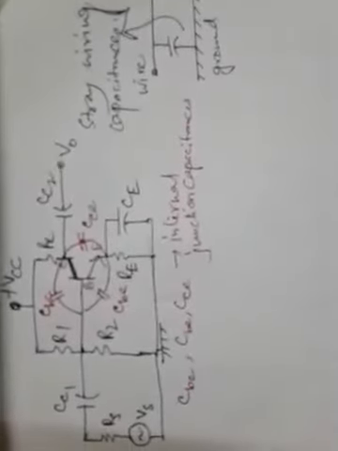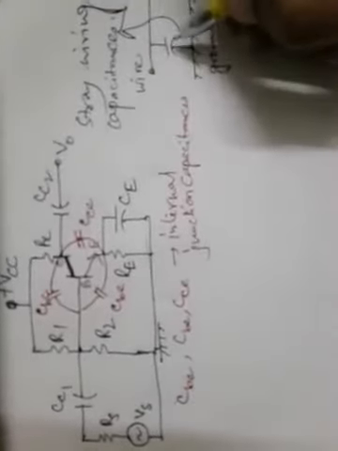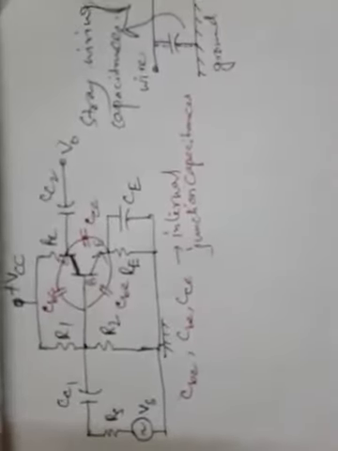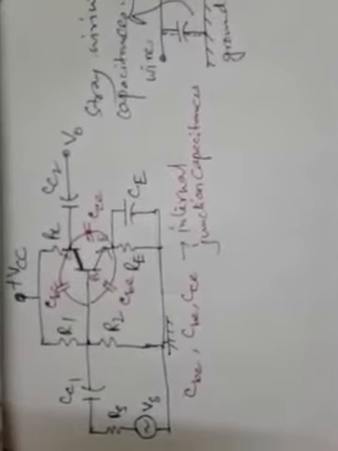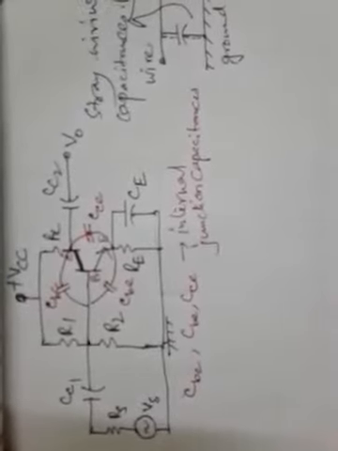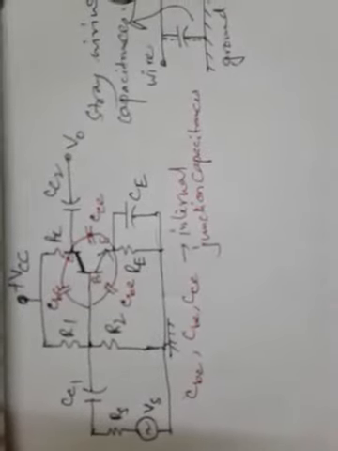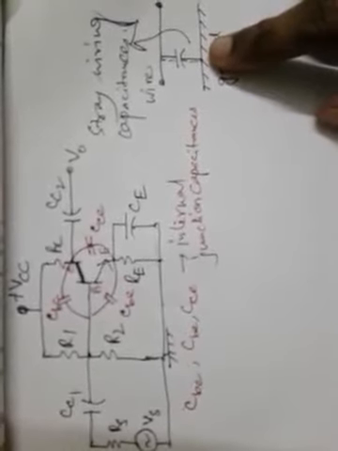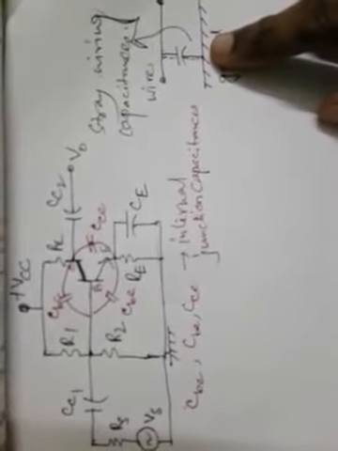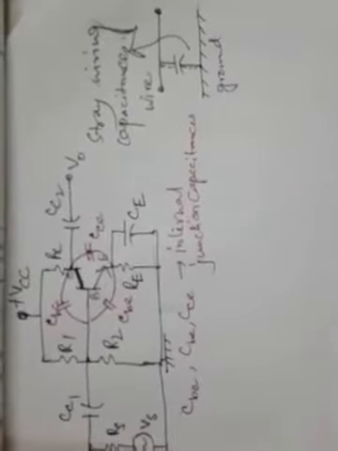This is called the generation of stray wiring capacitance. This virtual capacitance created between the two is called the stray wiring capacitance, and it is also an unwanted capacitance, and it will once again cause a drop of voltage gain at high frequencies.